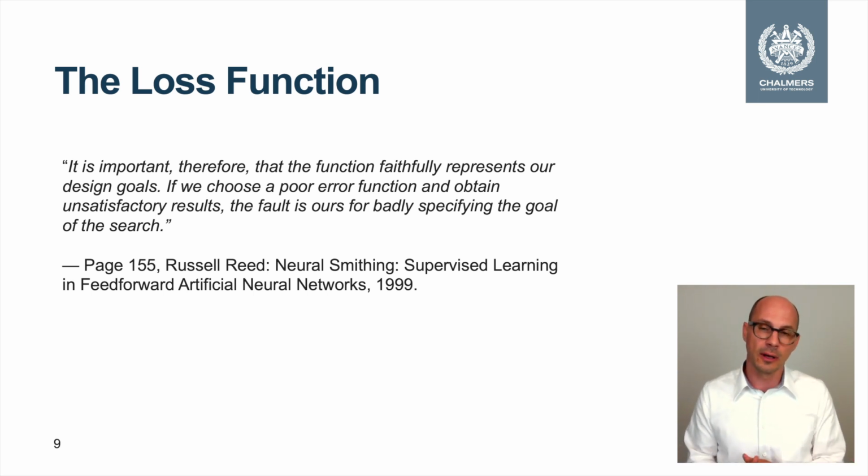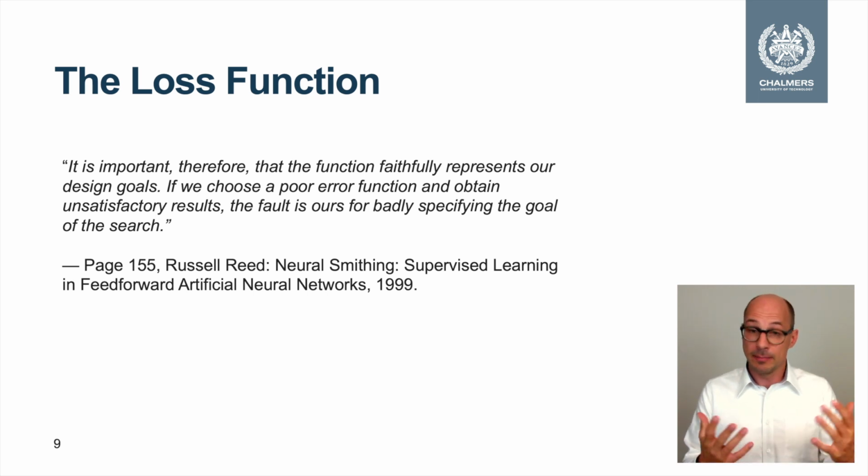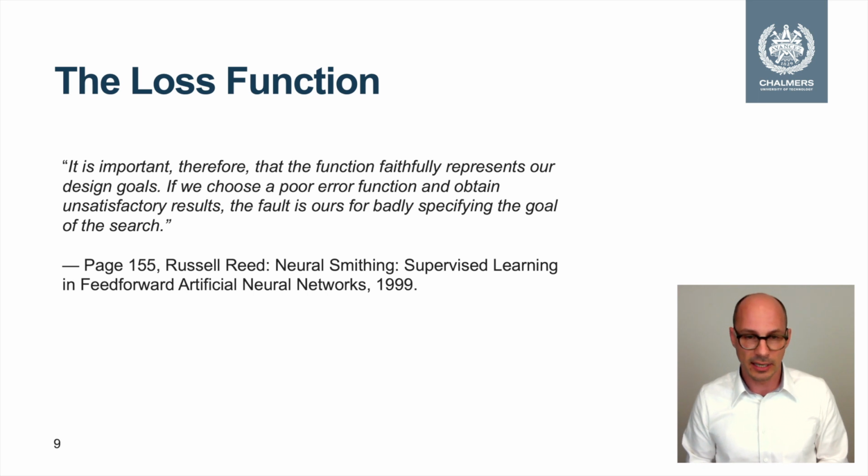I would like to highlight the significance of the loss function with a quote from the book Neural Smithing, Supervised Learning in Feed-Forward Artificial Neural Networks by Russell Reed, which may be considered a little outdated, yet the quote still applies in the exact same manner today. Quote on, "It is important, therefore, that the function faithfully represents our design goals.